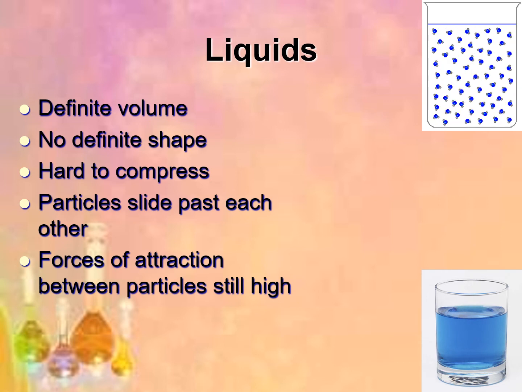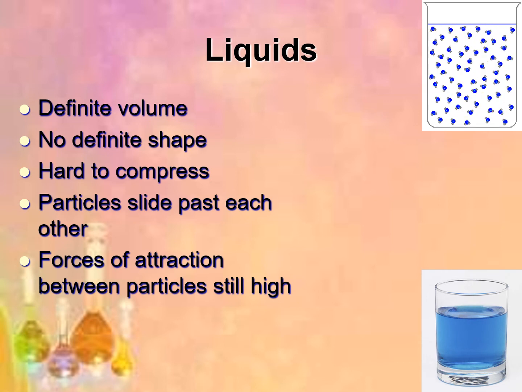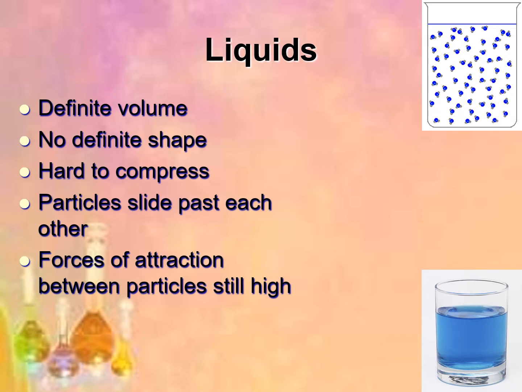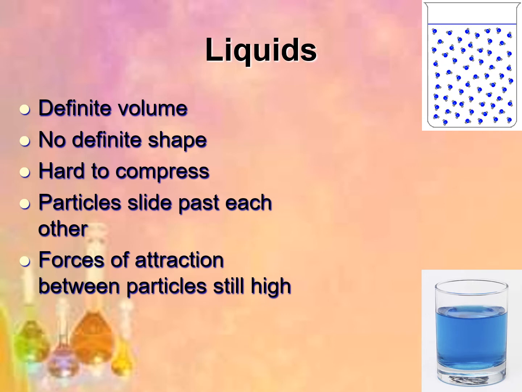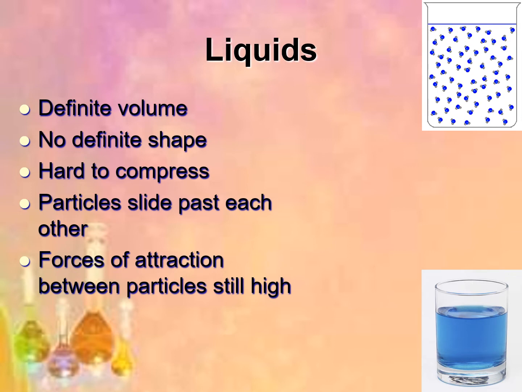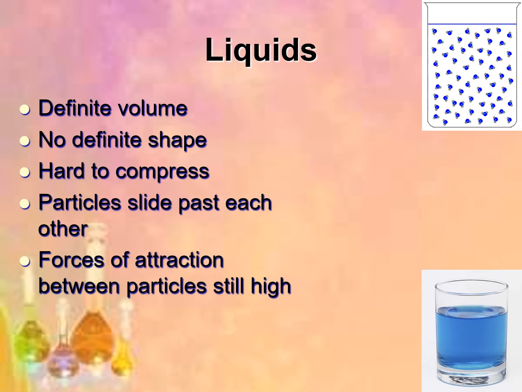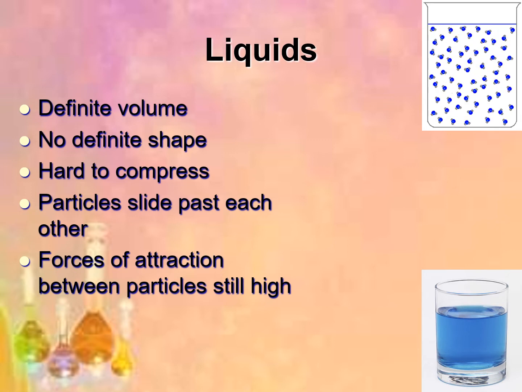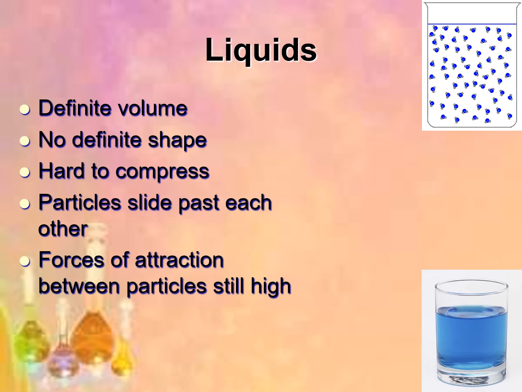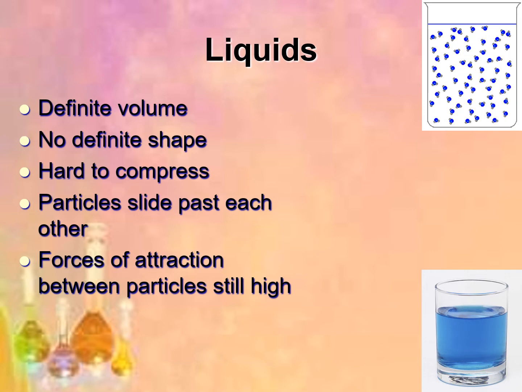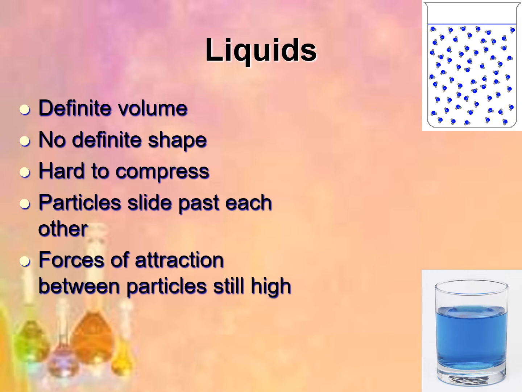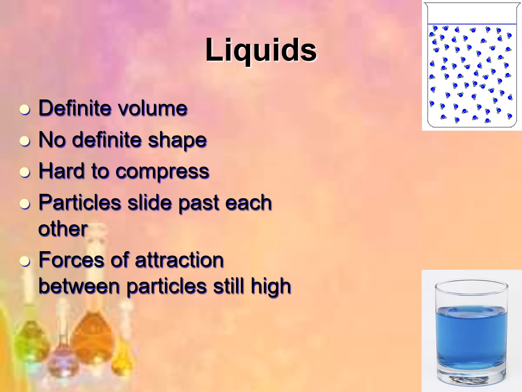And the same with solid, they are hard to compress or incompressible. And their particles slide past each other. Why? Because their molecules are slightly tight. That's why they have enough space to slide past each other. And their forces of attraction between particles are still high.